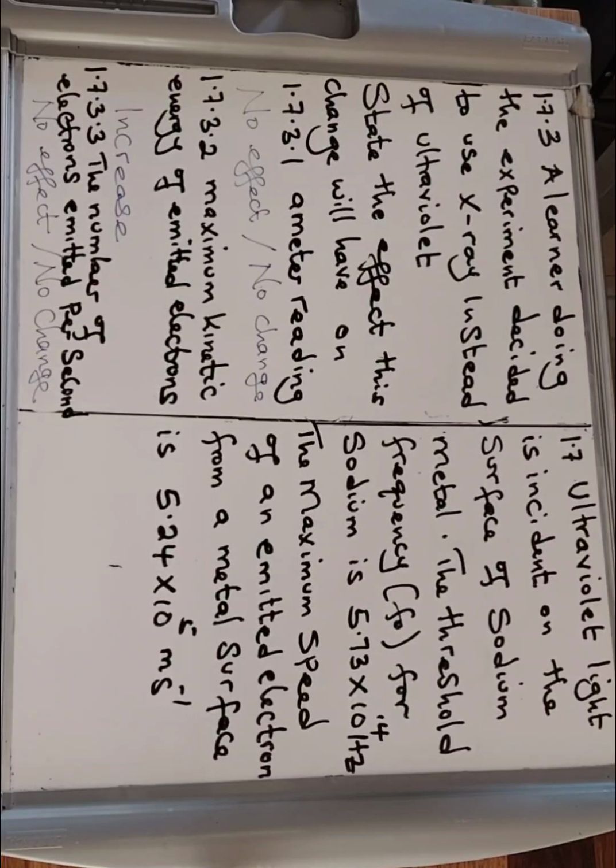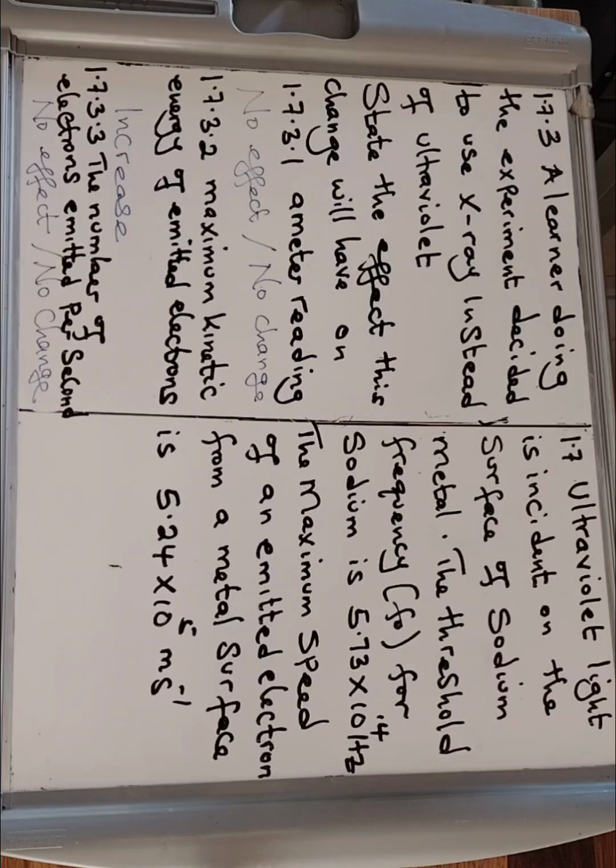As we are winding up, I need you to remember this for your understanding: if you want to change the number of electrons emitted per unit time, or the ammeter reading, or the charge flowing per unit time, all you have to change is intensity.